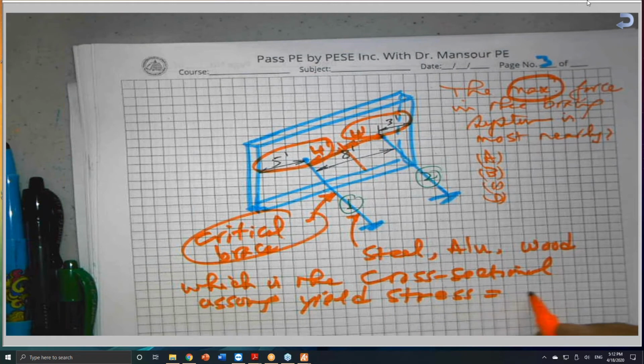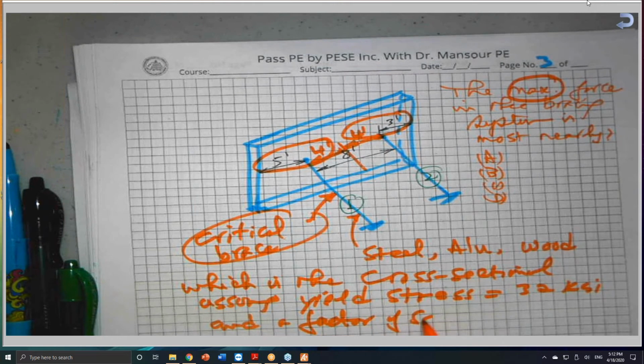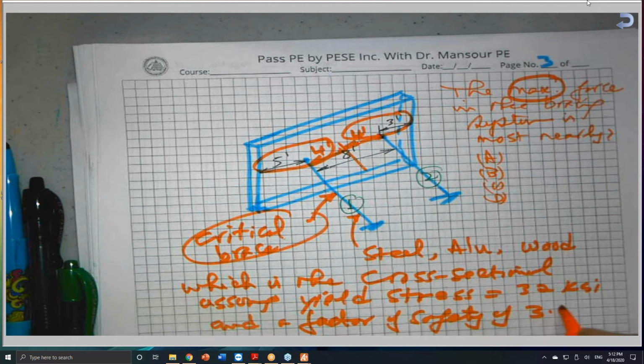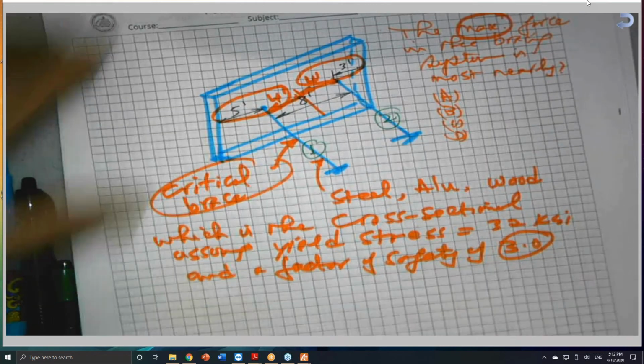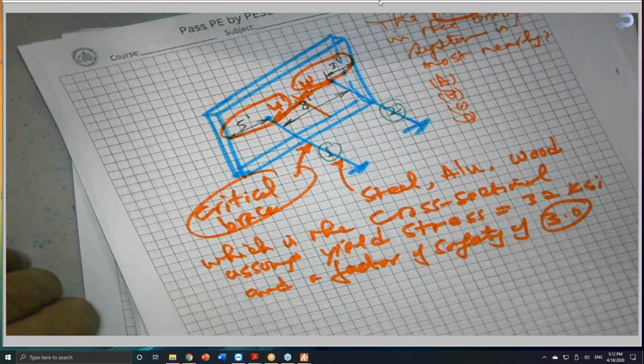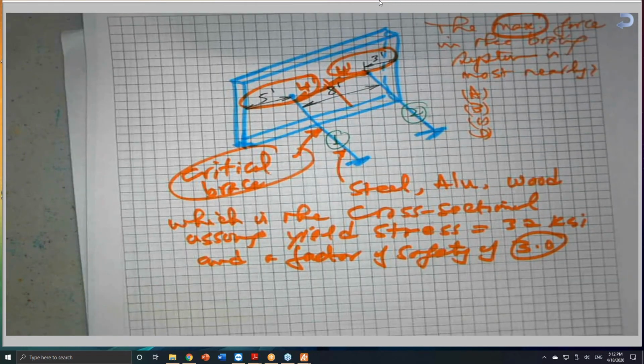is equal to 32 KSI and a factor of safety of 3.0. So I can also come up with another type of problem.